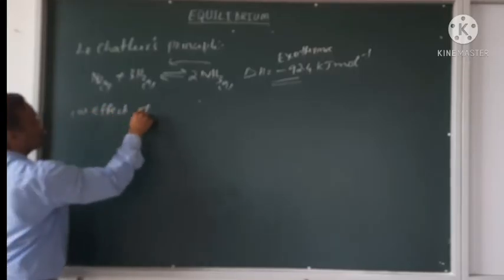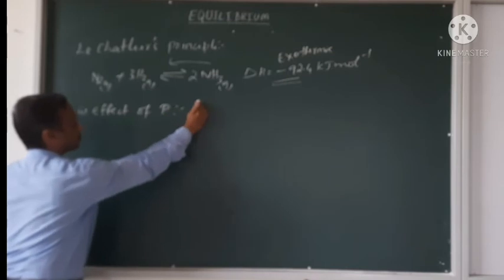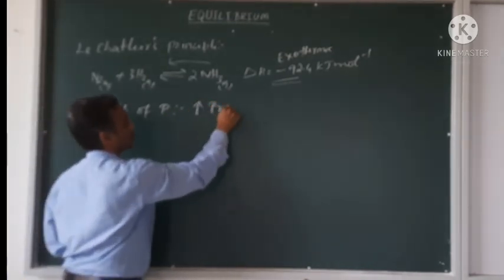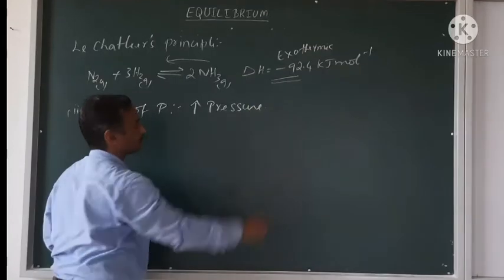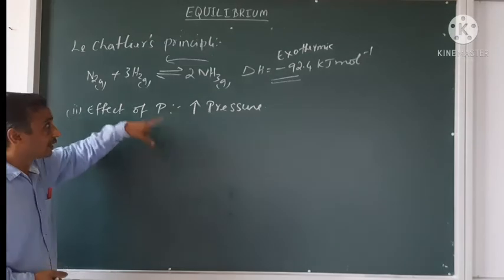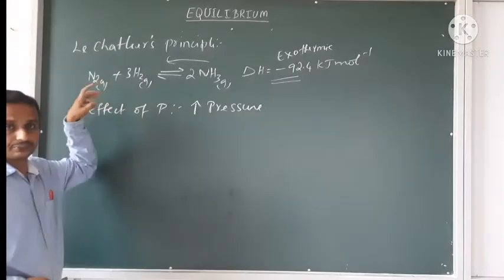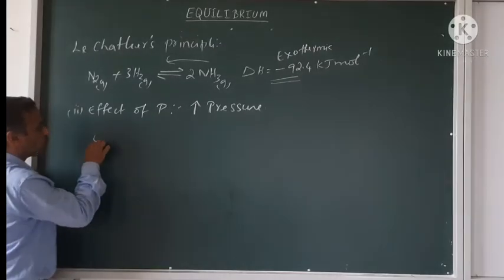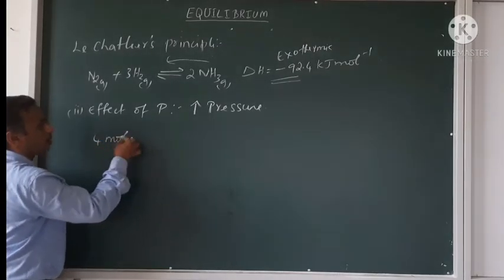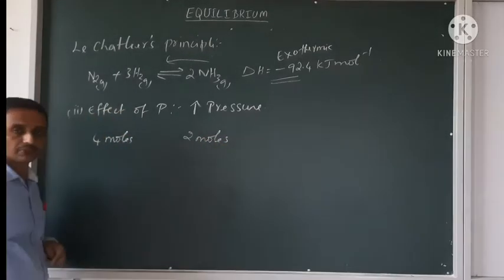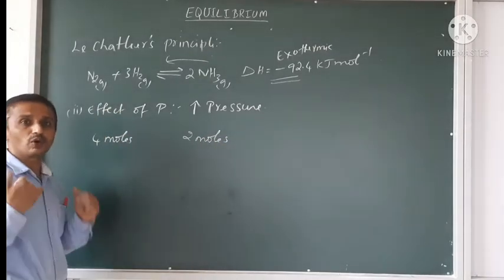Effect of pressure. What I do is, I will increase the pressure. See, when the pressure is increased, just see here, reactant 4 moles are there, product 2 moles are there. Which will produce the more pressure?